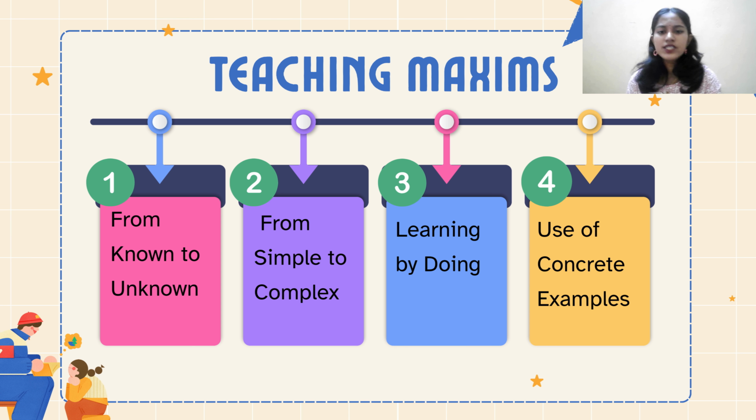In addition, the teacher applied the maxim encouragement and motivation. The teacher created a positive environment by telling students that it's okay to make mistakes. This reduces students' anxiety and increases their confidence in using English. The competition between boys and girls also motivated students to participate actively.